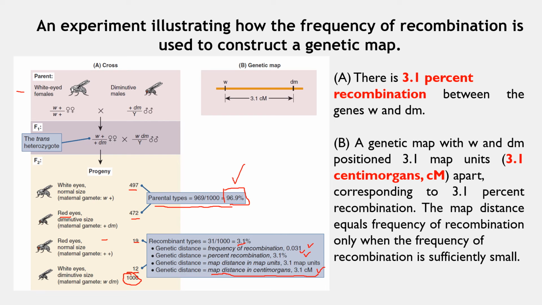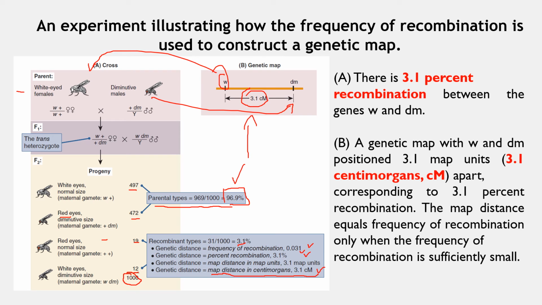So here is the distance between the white eye of the flies and the other gene here, and it's 3.1. So if they give you already that there is a 3.1 recombination between these two genes, they already did most of the job. Let me show you that.